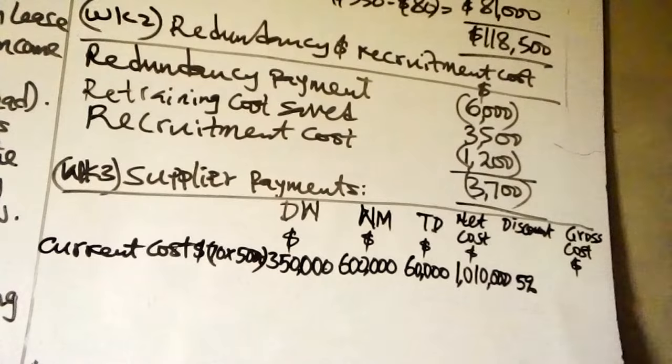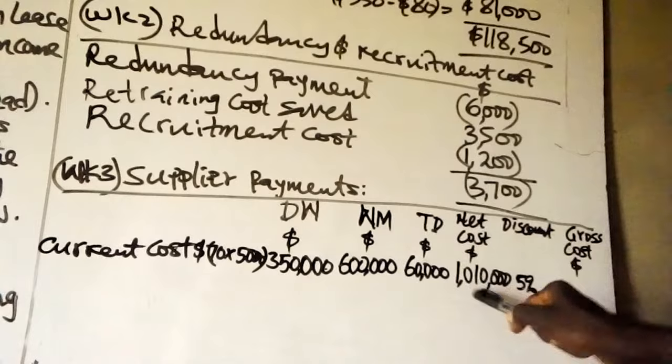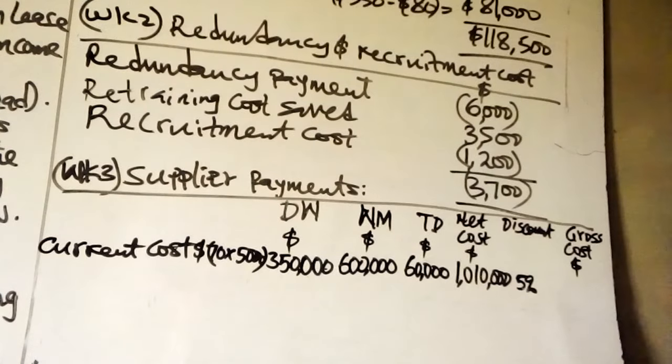To compute the gross cost, you may calculate the 5% discount. It's not 5 over 100 because this is equivalent to 95%. So that means you have 5 over 95 times 1,010,000. If you calculate 5 times 1,010,000 divided by 95, then the discount is 53,158.